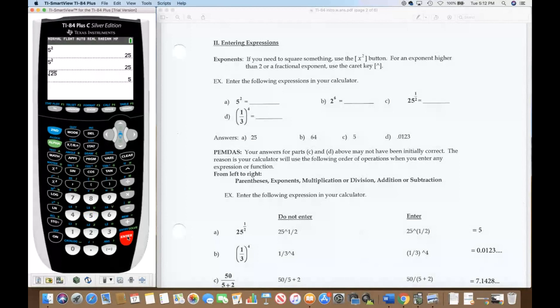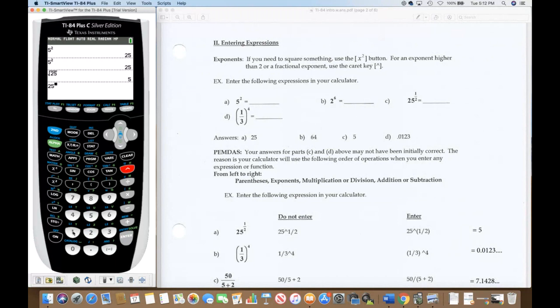The second way to do this is using the caret key. Square root is the same as an exponent of 1/2. So I'm going to enter 25, caret, and I want to enter 1/2.